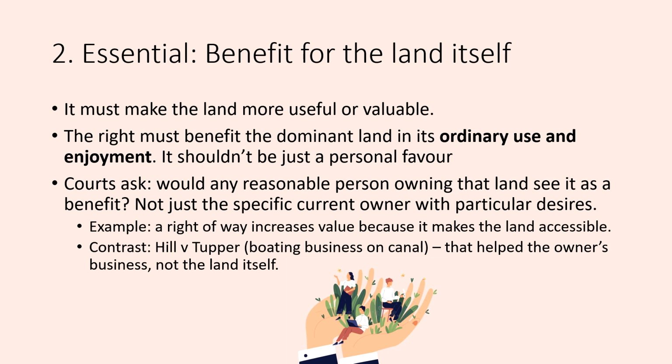And if someone else would buy the property, then they don't really need to use the canal to make any business. That's a bit particular, really. So it's not seen as something that is really essential for the land.